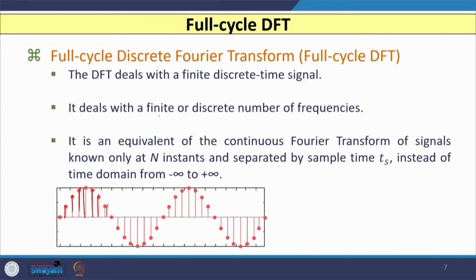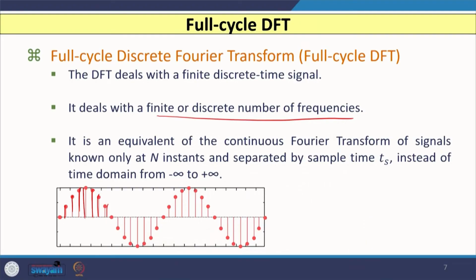It also deals with a finite or discrete number of frequencies. So, whenever you want to estimate the phasor value of any given signal using full cycle DFT, you can estimate only phasor values of those signals which are multiples of the fundamental frequency. If you want to estimate any in-between frequency, let us say 75 hertz or 55 hertz, then that is not possible.